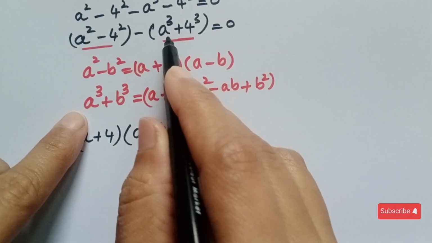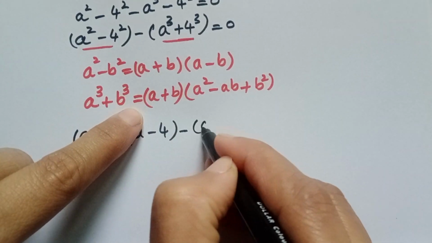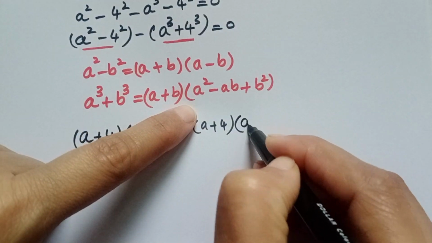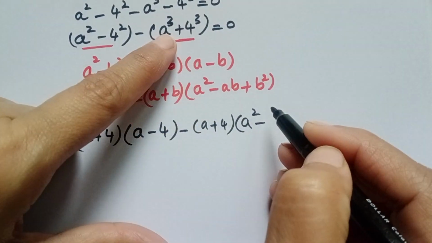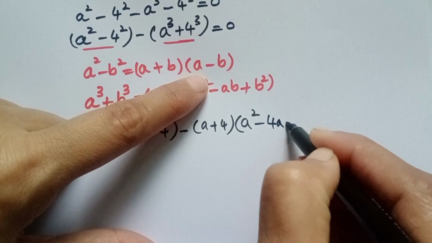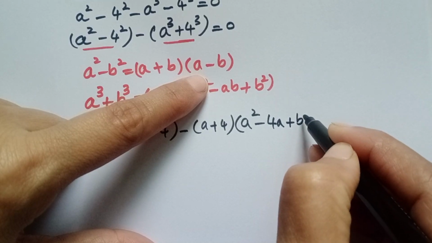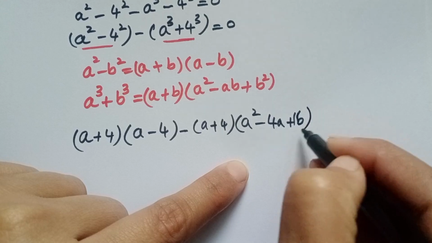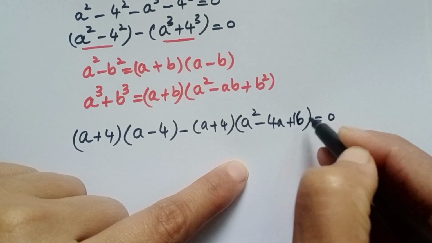So here we will write a plus 4 and here we will write a square plus 4a plus 16. We will write here is equal to 0.